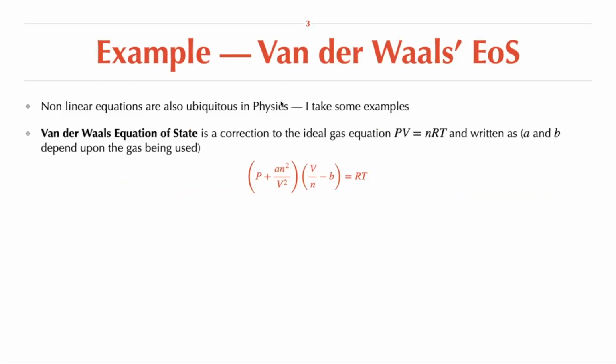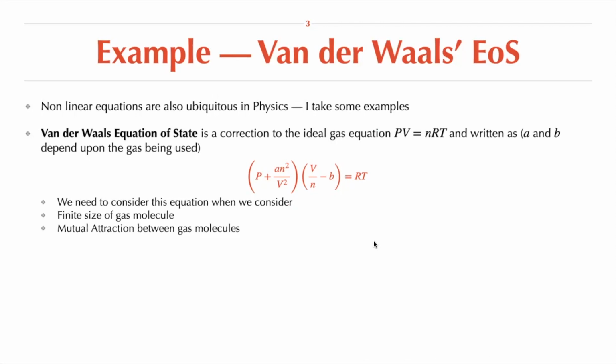The first example I'm taking here is the van der Waals equation of state. You must recall that the ideal gas equation is PV equals nRT, which is true when you consider that the gas molecule is of infinitesimal size and there is no mutual attraction between gas molecules.